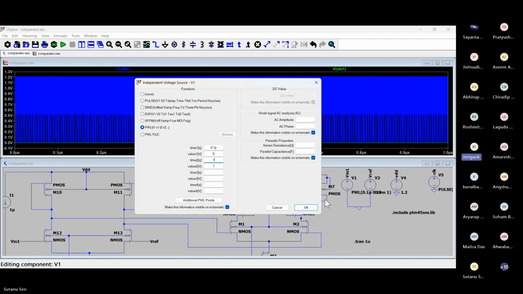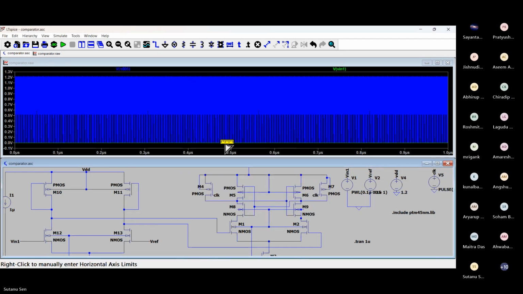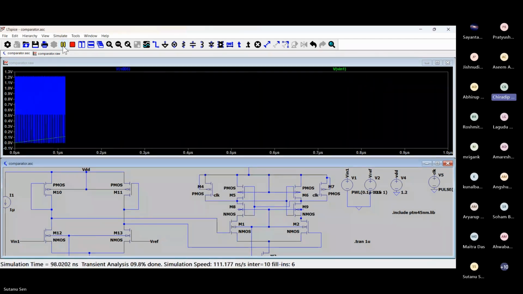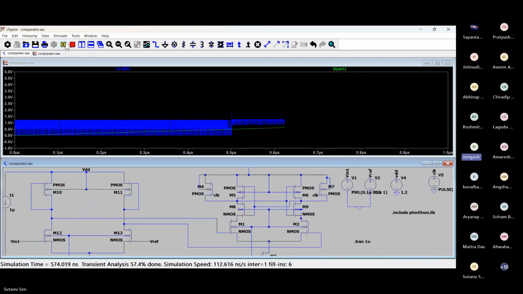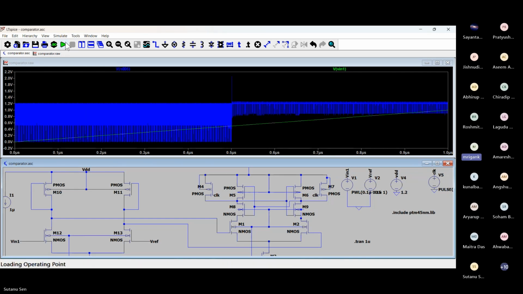So why can't we do the frequency response? That is the question. So will the clock frequency affect it? No, that is not the answer. Any other person? Why can't we do the frequency response or AC response of the second stage of the comparator?